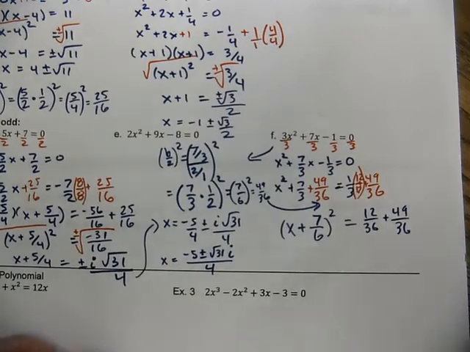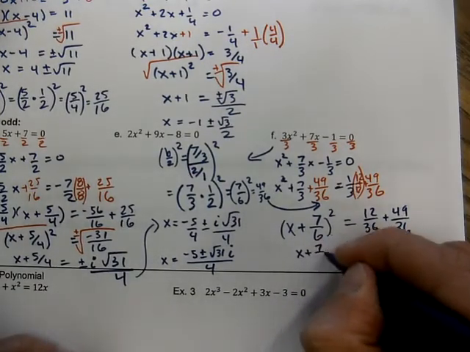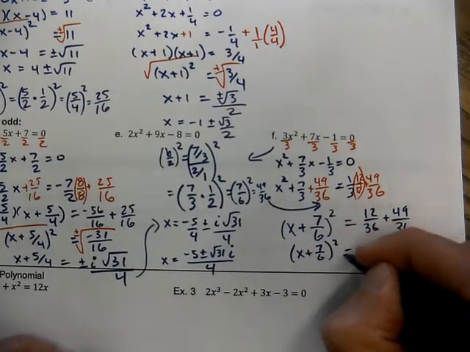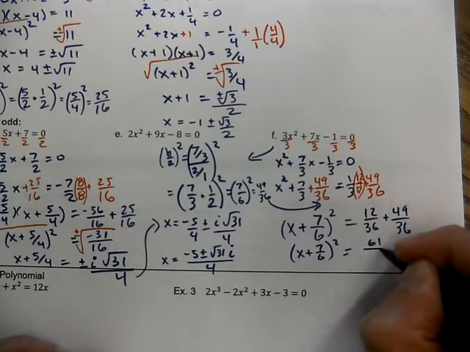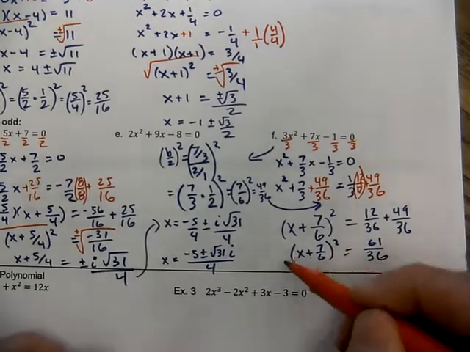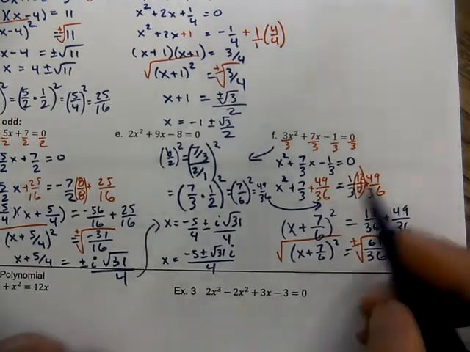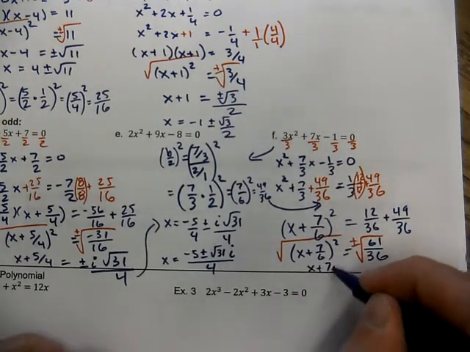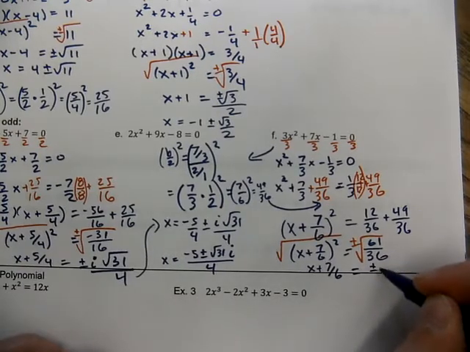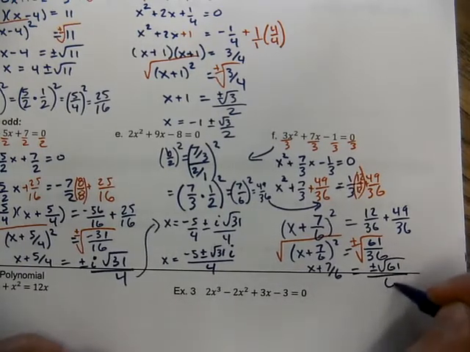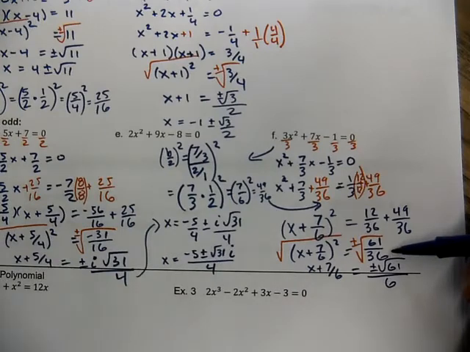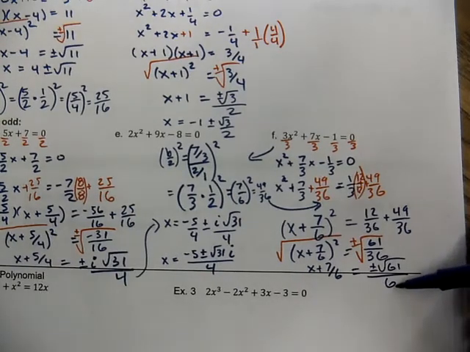So that's what we're looking at combining, and so we end up with a fraction of 61 over 36. So now we'll take the square root of both sides. Don't forget the plus or minus. So x plus 7/6 equals plus or minus root 61 over 6. Again, that denominator is a perfect square, and so we can turn that into a 6.